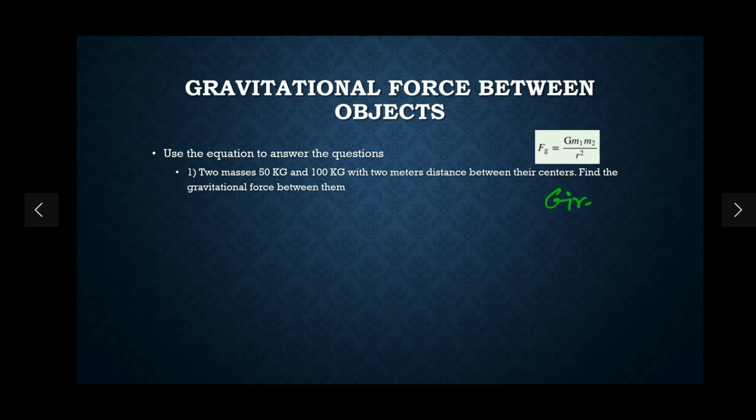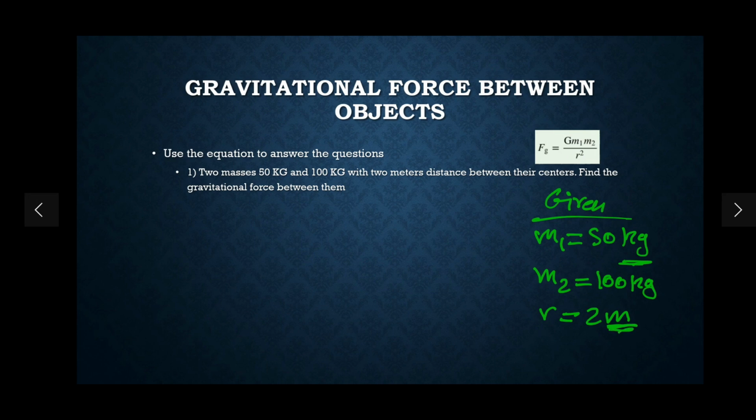Let's state the givens first. We have m1, which is 50 kilograms. Note that the kilogram is the SI unit. We have m2, which is 100 kilograms. And we have r, which is 2 meters. Note that the meter is the SI unit here.